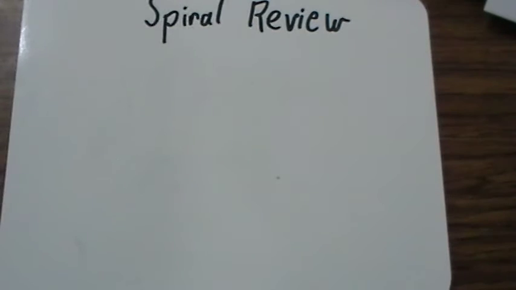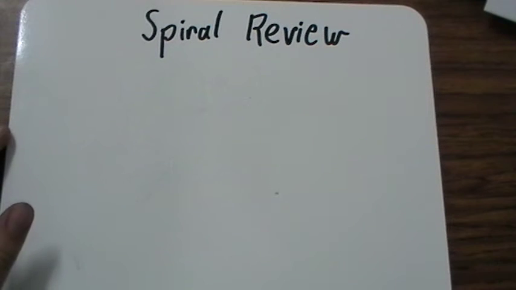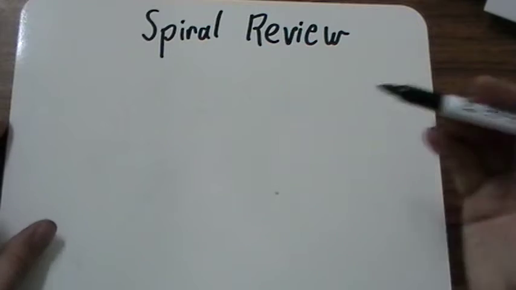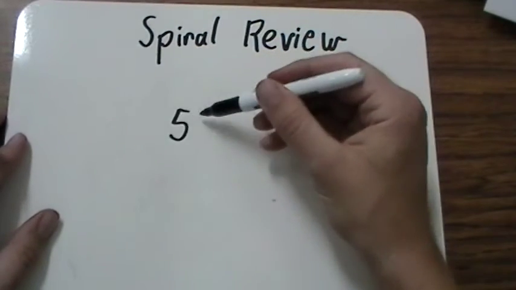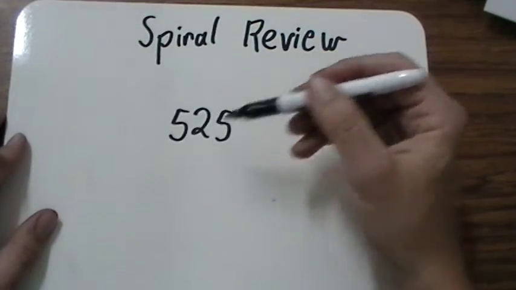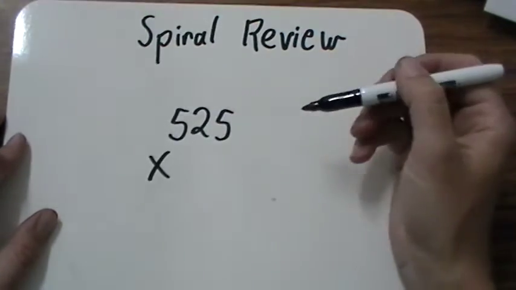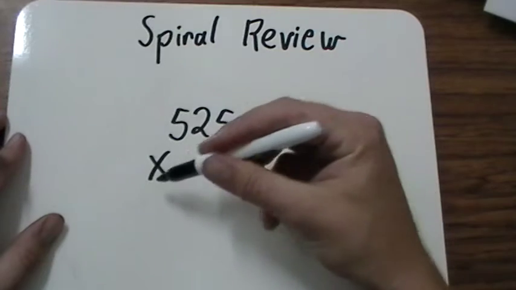All right, when I review multiplication, let's say that I've got a big 3-digit number multiplied by a 1-digit number, all right? So let's say I've got 525, and I'm multiplying that by 3.